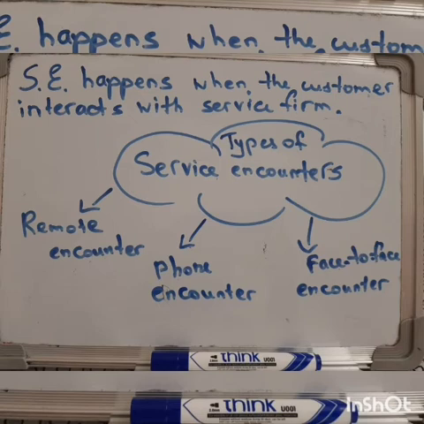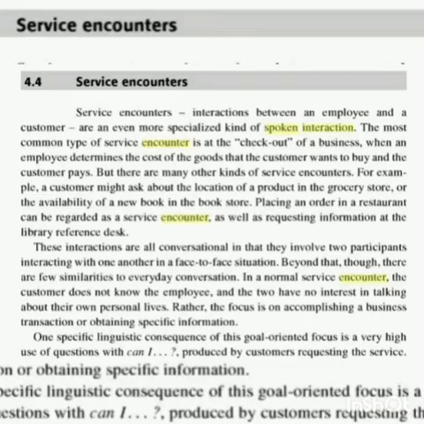I think phone encounter and face-to-face encounter is clear, but I would like to explain what remote encounter is. Remote encounter can occur without any direct human contact, such as when a customer interacts with a bank through the ATM system or with an email order service through automated dial-in ordering. This is remote encounter.